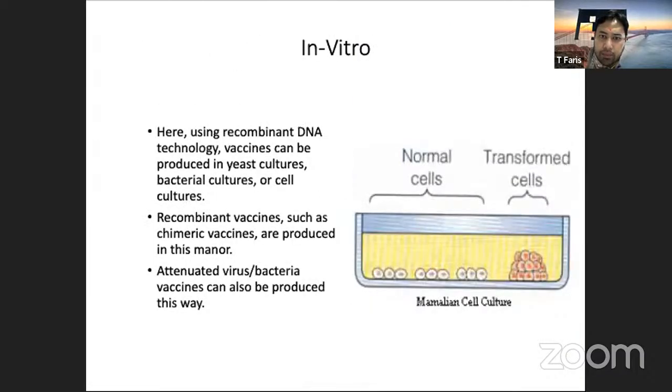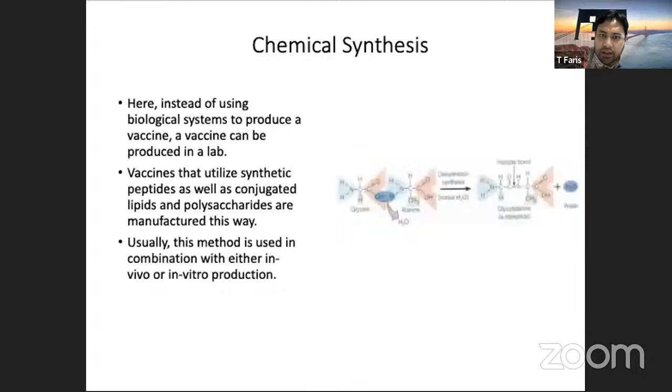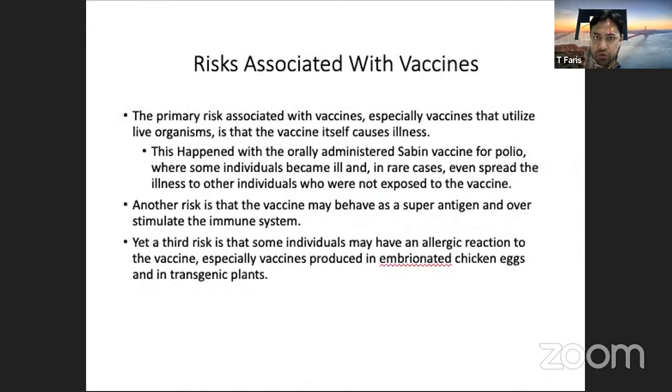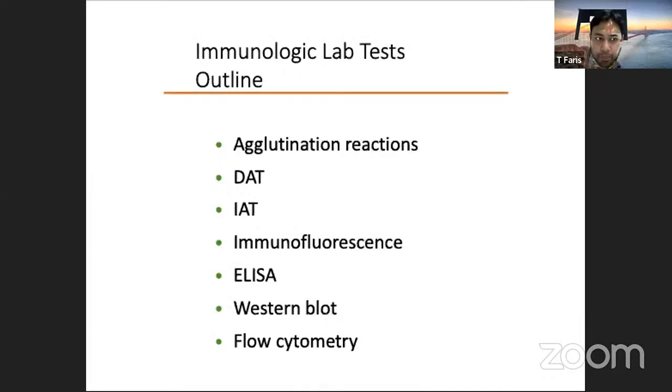So this is how we produce the vaccine in the lab. For you, it's not necessary, but it's just for you to know that this is the way that we grow the vaccine. Some vaccines are produced in embryonated chicken eggs, and also in transgenic plants. We use animals or plants as our host.